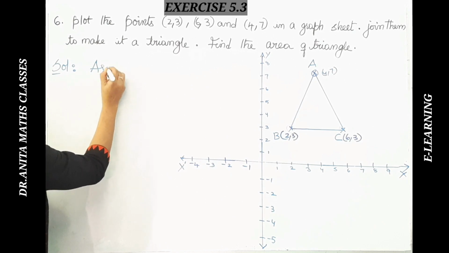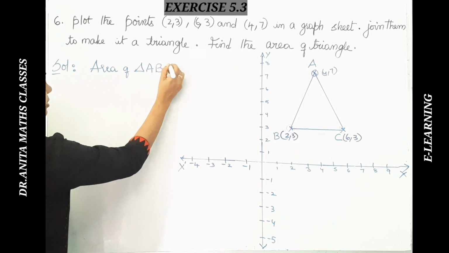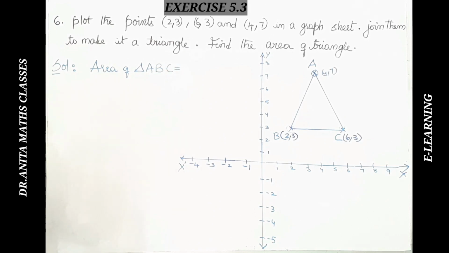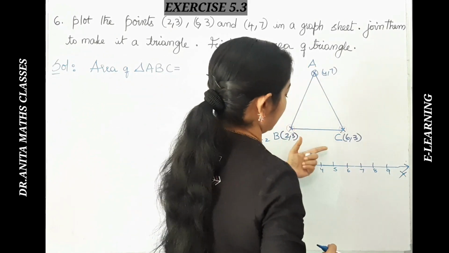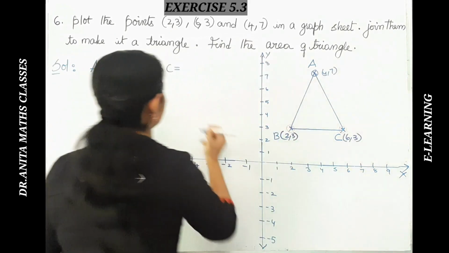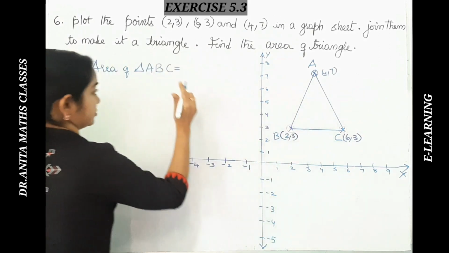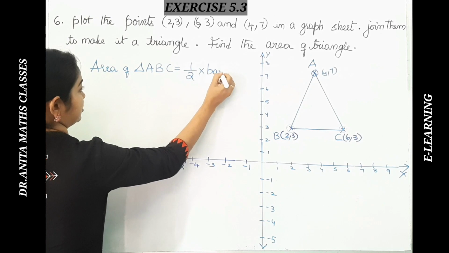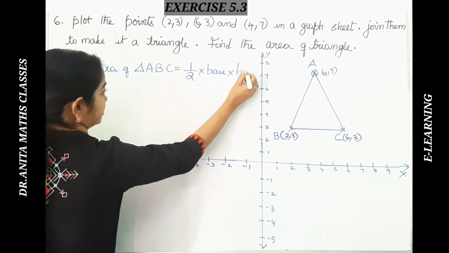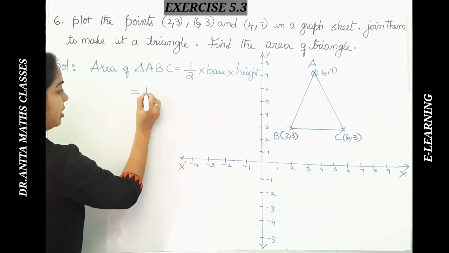Area of triangle ABC. We know that the area, you see here, we can write half B into H. Okay, or else we can also find it by finding out the sides. Half base into height. Okay, now here half.